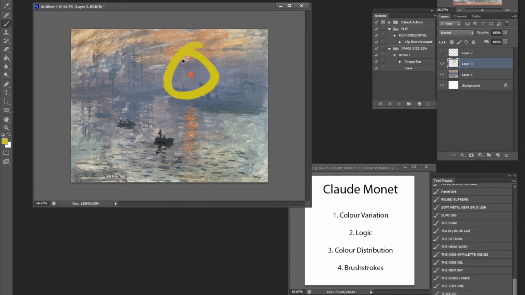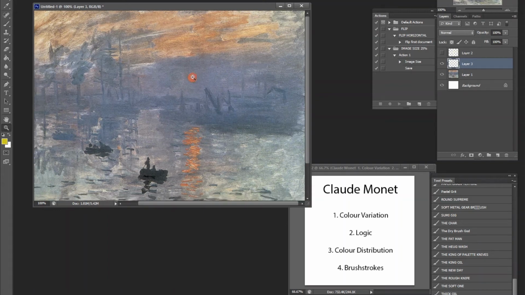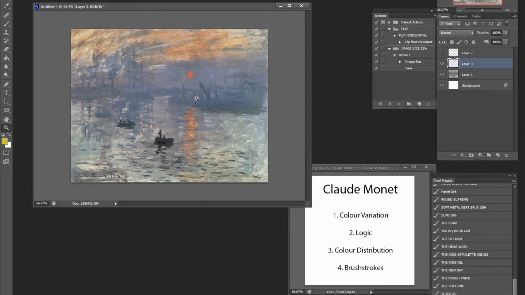This is technically the most careful he probably was when it comes to the entire composition, which means that this is technically, quote unquote, the most detailed area because he put more effort in getting the careful circle painted. And everything else you can see is very brushstrokey except for the sun itself. And again, having that decision to do this is masterful.